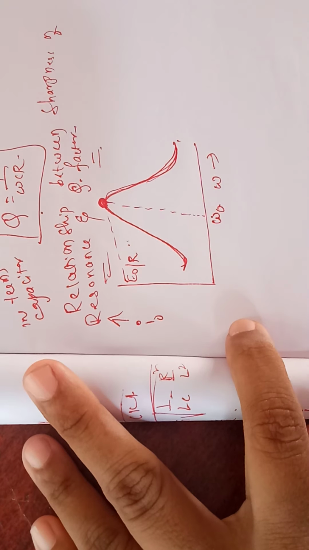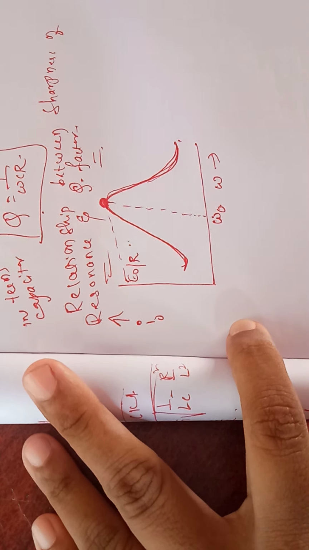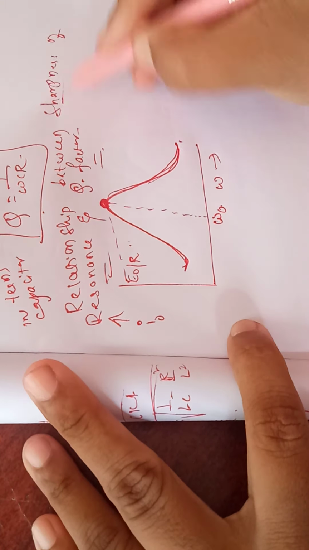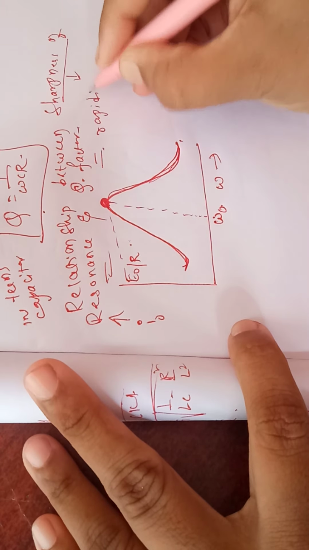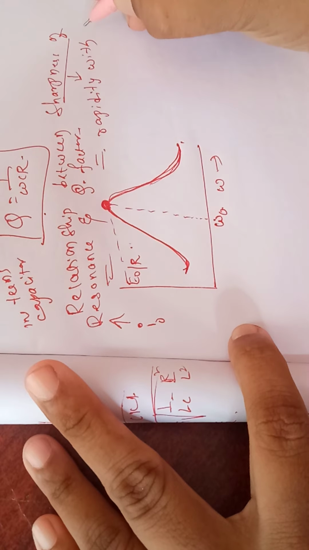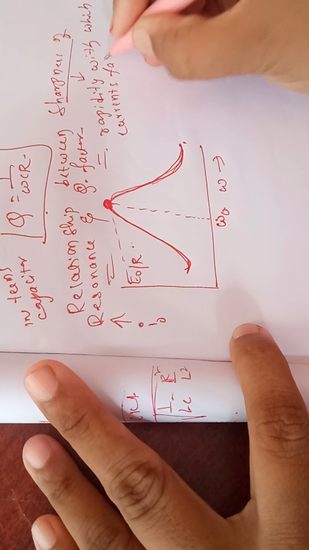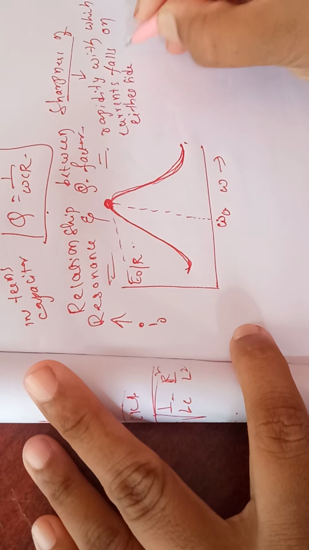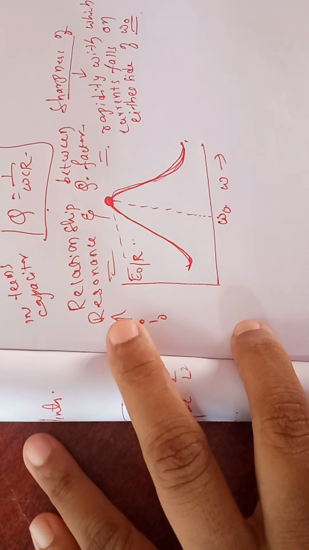This rapidity in falling of current on either side of the resonant value with change in applied frequency, we call the sharpness of resonance.